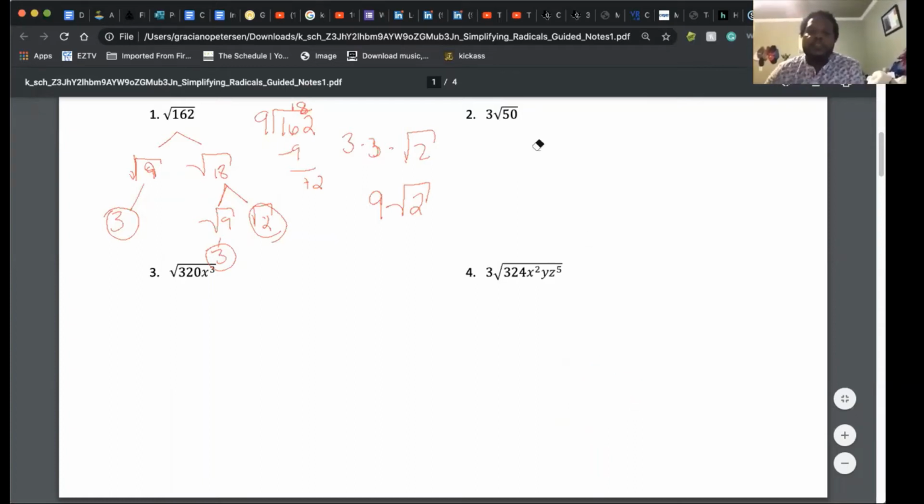All right, let's try 3 times the square root of 50. The first thing we're going to do is ignore the fact that that 3 is there. We know the 3 is there. We're going to leave it there. We're not going to forget about it, but we're just going to break down the 50. So using my list of perfect squares, I'm going to only use the ones smaller, of course, than 50.